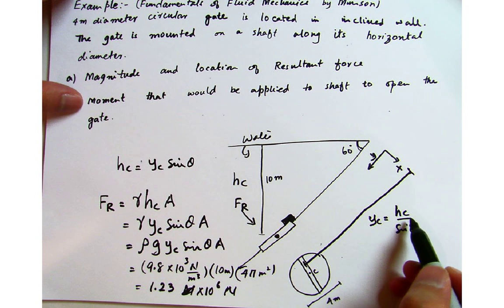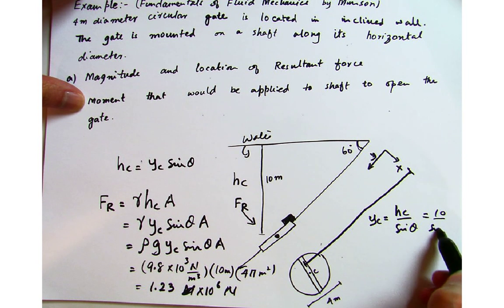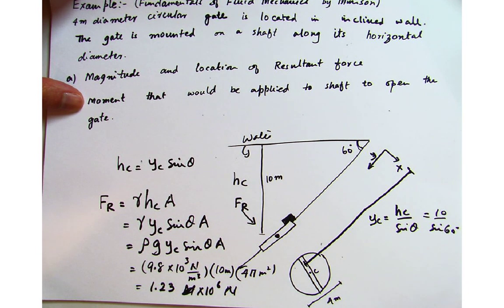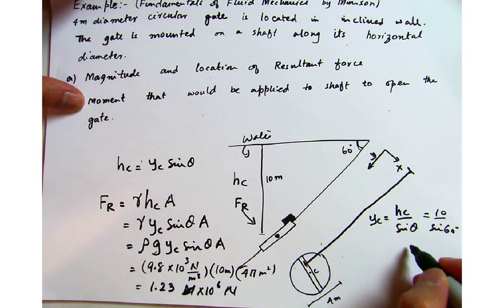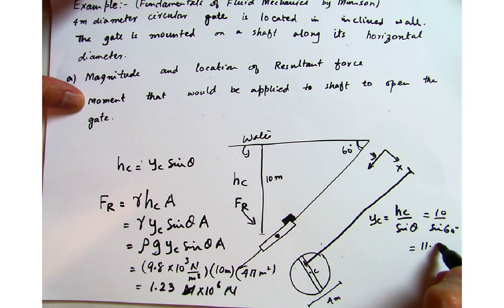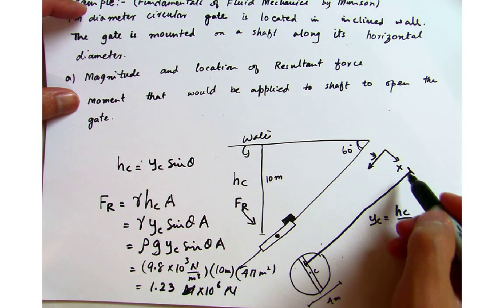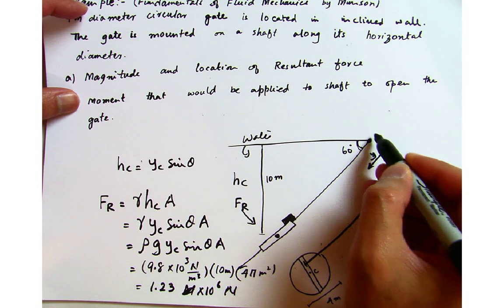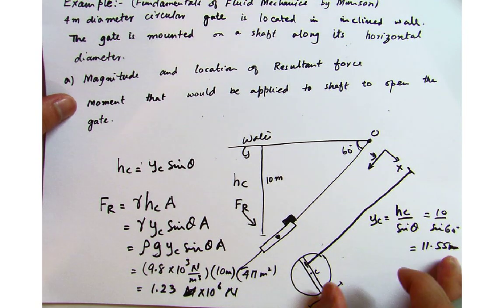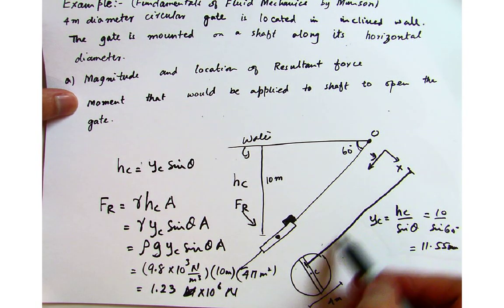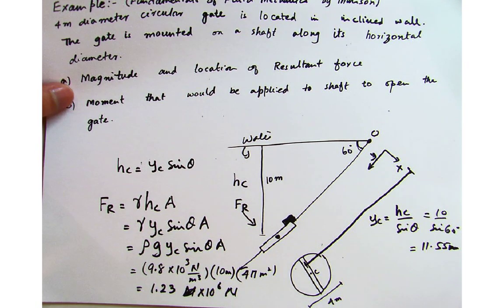So we have hc, which is 10 divided by sine of 60. So when I do this, this actually gives me 11.55 meter. So that is our centroidal distance from here, and I'm also calling this point as O. So with respect to point O, yc is 11.55.